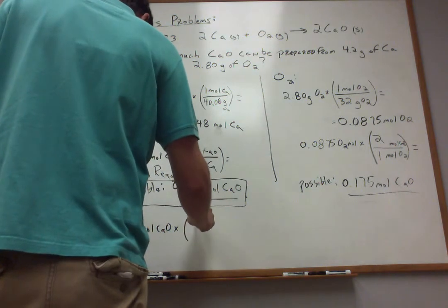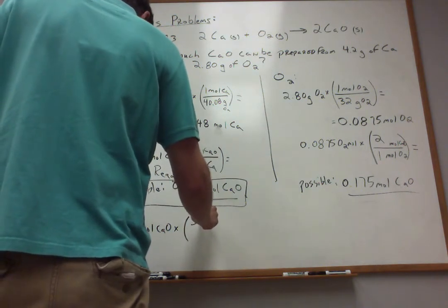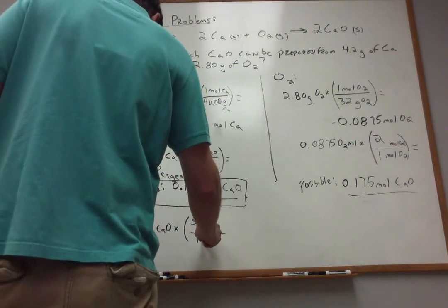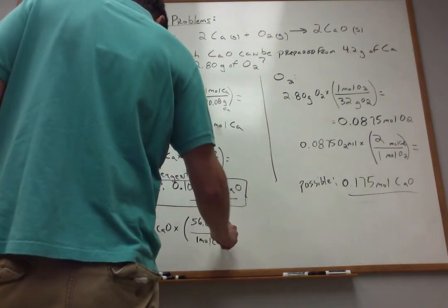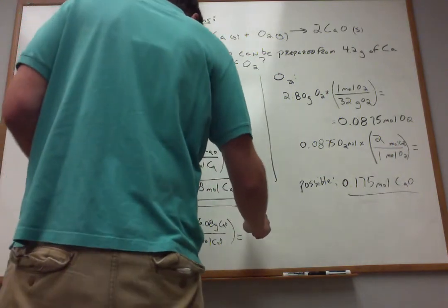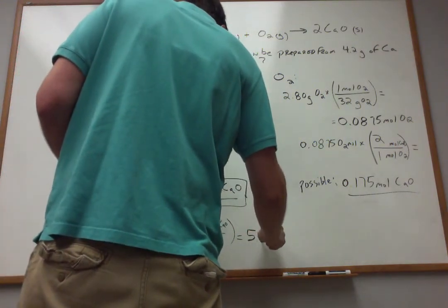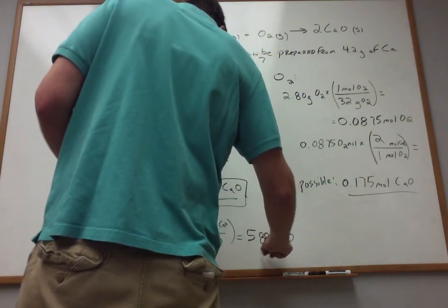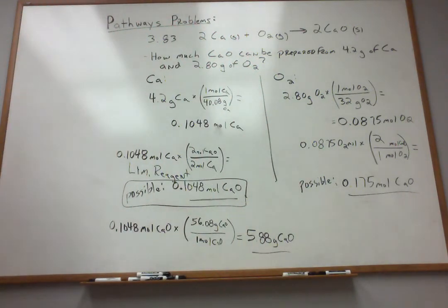I simply need to multiply by my molar mass, which is 56.08 grams per 1 mole for the calcium oxide. Which tells me I should expect 5.88 grams of calcium oxide to be produced.